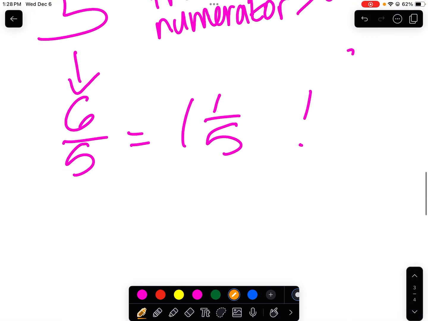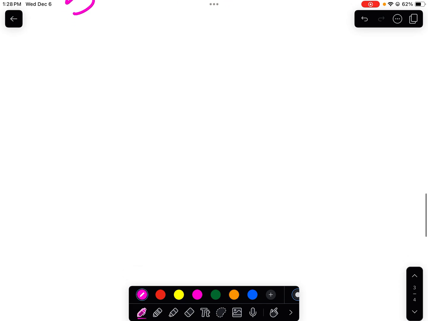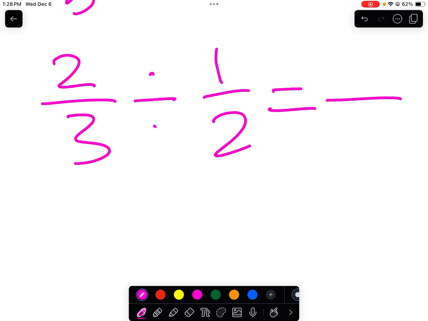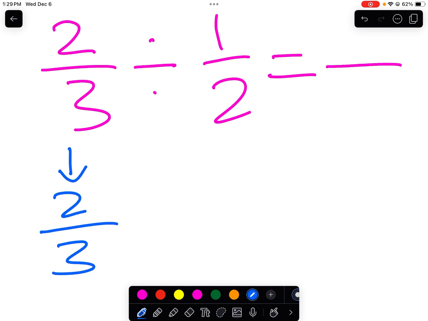Anyway, let's just do one more example of dividing fractions. How about 2/3 divided by 1/2? What does it equal? Well, let's go through our steps. First, always keep the first fraction the same.